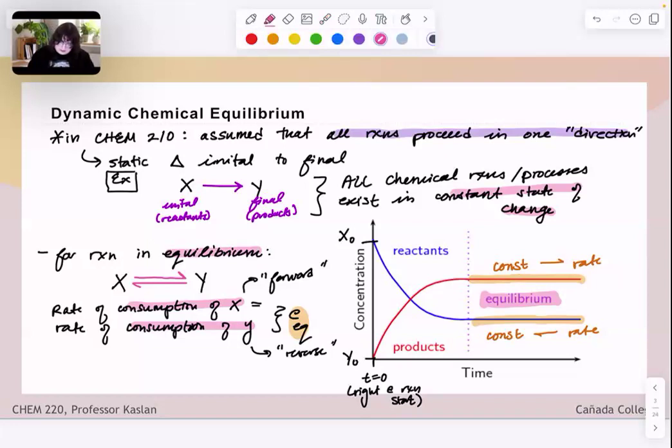So let's put that on the board. So this is the T at which equilibrium is established.